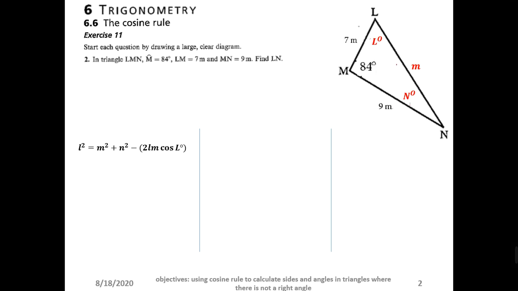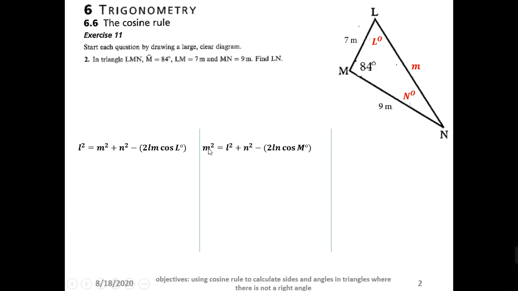L squared is equal to what are the other two sides? M and N. So M squared plus N squared minus, inside brackets, 2 times L times M. I'm sorry, there is a mistake here. 2 times N times M times cosine L.